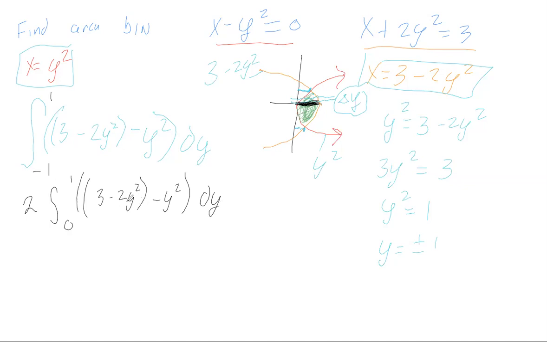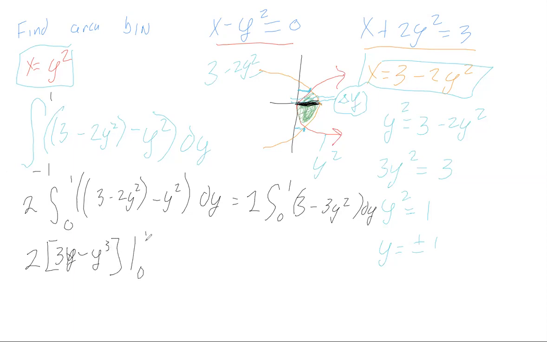Combining these things up, we're going to have 2 times the integral from 0 to 1 of 3 minus 3y squared dy. Take the antiderivatives, so we have 2 times 3y, oops, this is a y, not an x. If we add 1 to the exponent and divide by it, we have minus y cubed. Our bounds of integration are from 0 to 1.